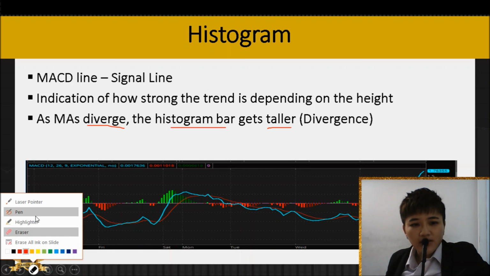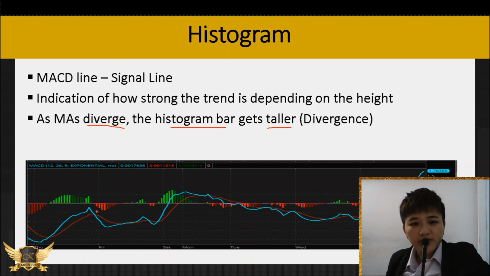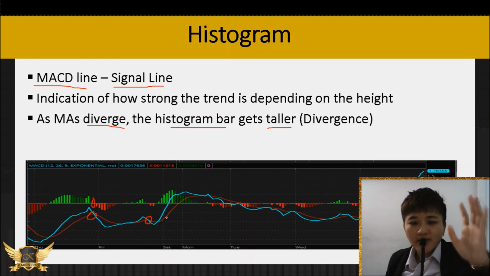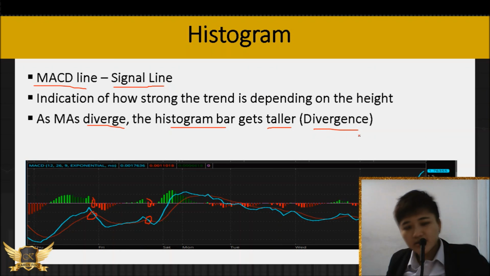And the other thing you need to take note of is that when the MACD line and the signal line converge, for example over here, the histogram would be at 0. Because your histogram, like I said, is the difference between your MACD line and signal line. So when they are the same value, let's say you have -1 minus -1, that will be 0. When you see the MACD line and signal line diverge, it's called divergence.